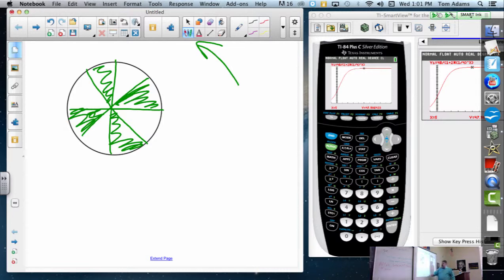So what that means is that its angular velocity is 2.5 revolutions per 1 minute. Right, that's what RPMs are. Revolutions per minute.